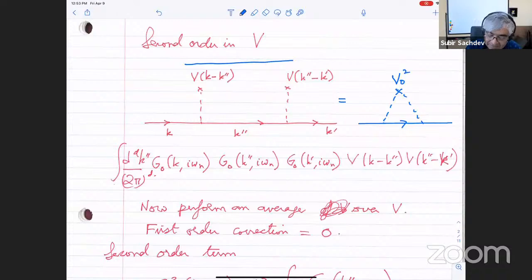Now you just think of this as a line that can carry an arbitrary amount of momentum. So this was K, and this is K prime. Total momentum should be conserved after you do the average.